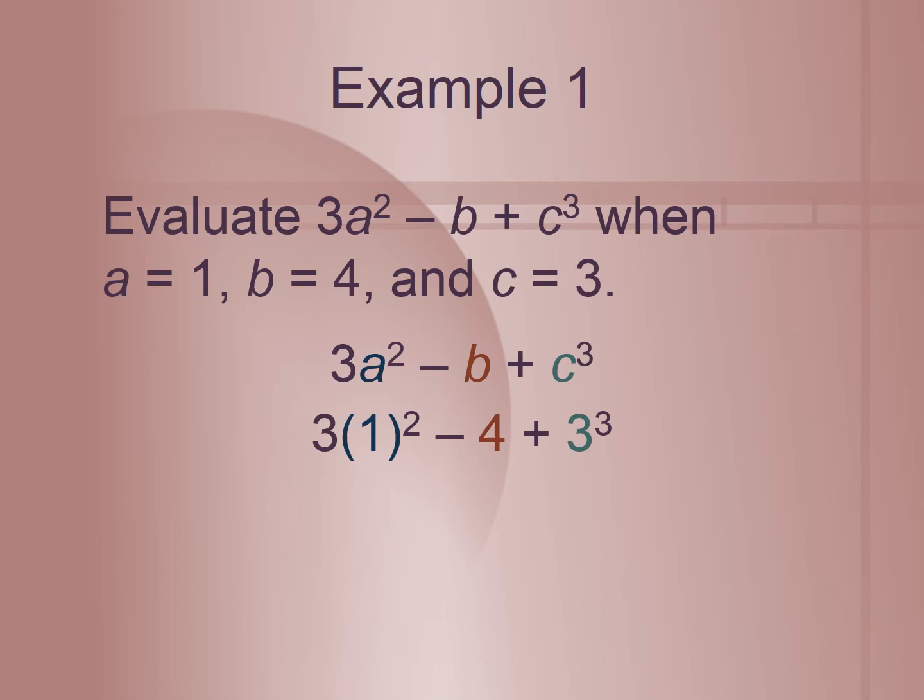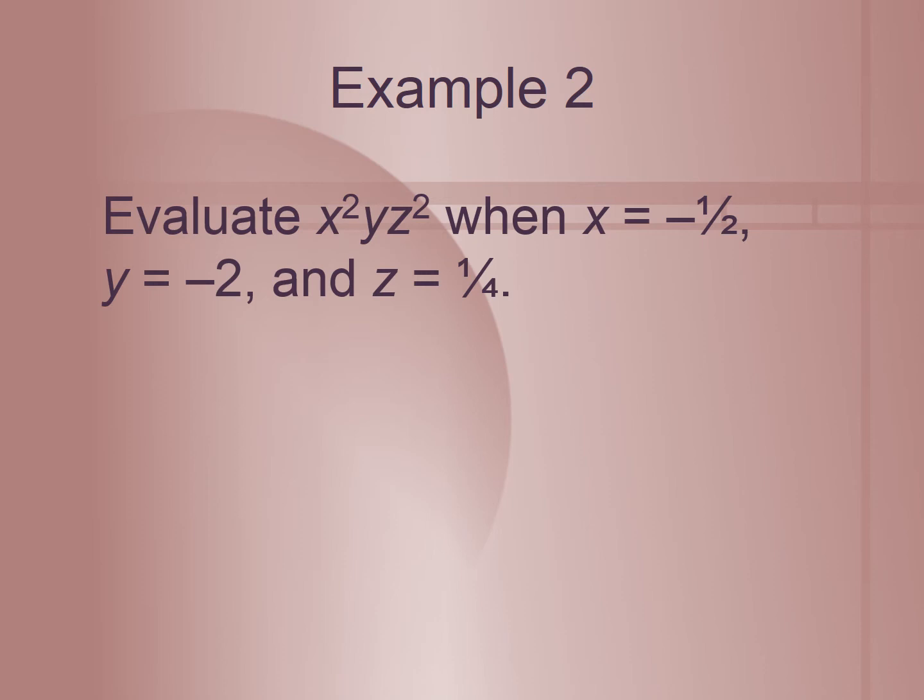We know that b is 4, so instead of minus b, we're going to have minus 4. And c is 3, so instead of c cubed, we're going to have 3 cubed. Now, we follow our operations. 1 squared is 1, and 3 cubed is 27. Now we do 3 minus 4 plus 27, and we get the answer 26.